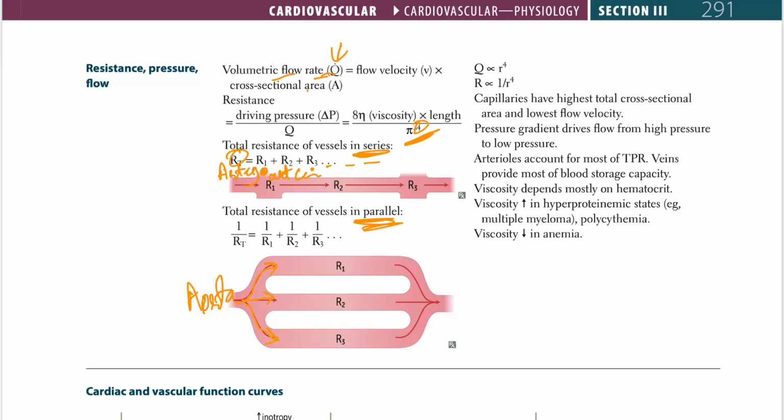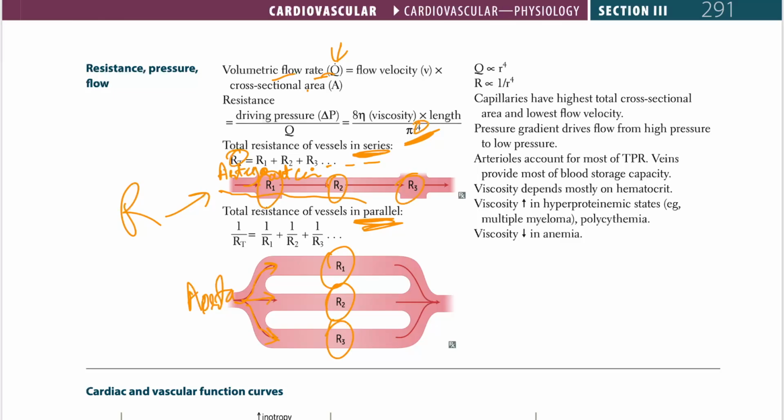Okay, so we were talking about how the parallel ones are R1, R2, and R3. And the important thing about all of this is that in series, as you go down the line, you're just decreasing the pressure, because R1 has the most resistance, and it goes down and goes on.